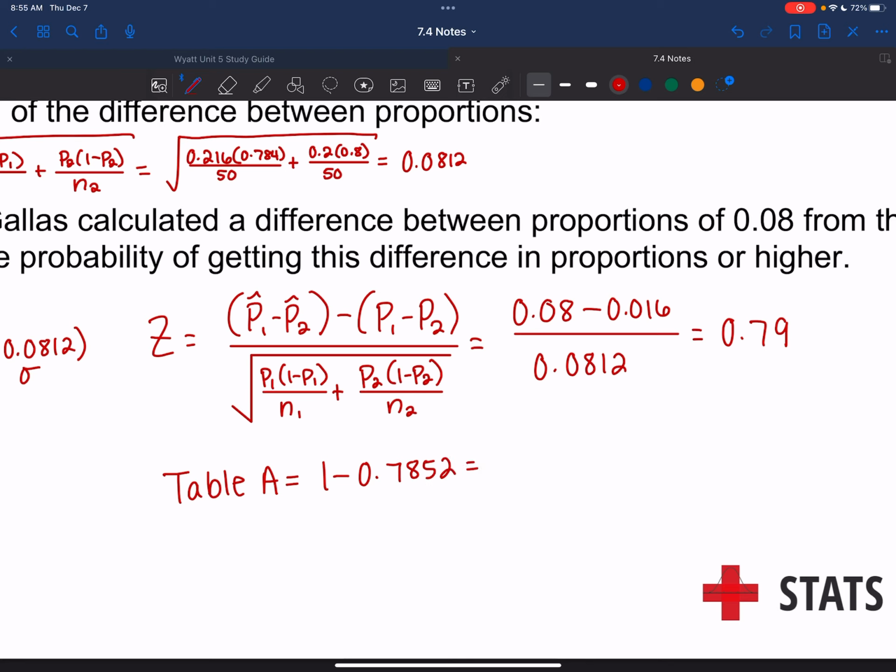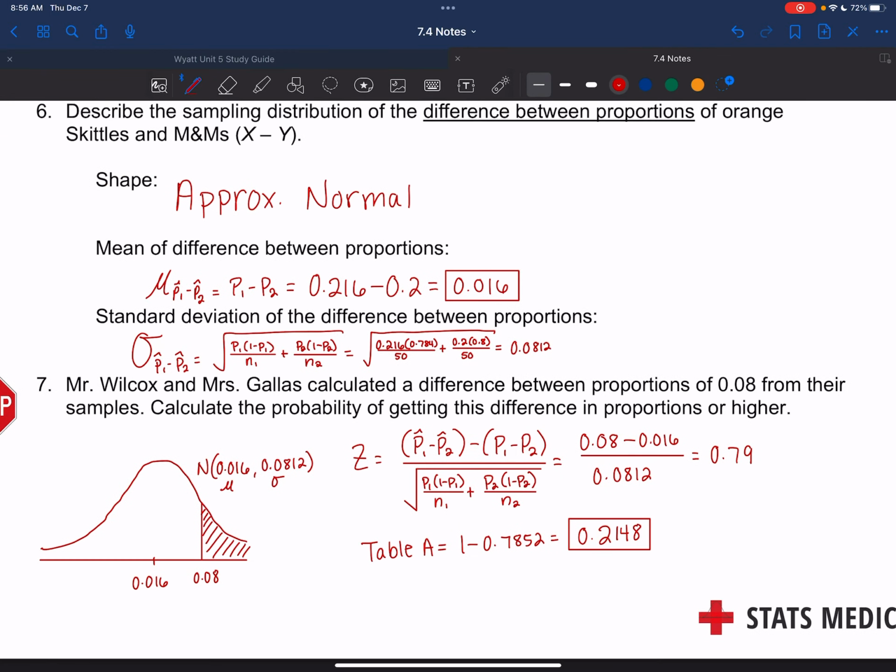And so our probability is going to be 0.2148. Okay, so there is a 21.48% chance of getting a difference in proportions of 0.08 or higher.